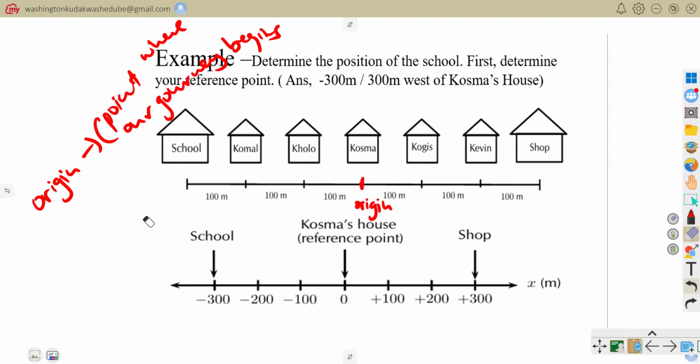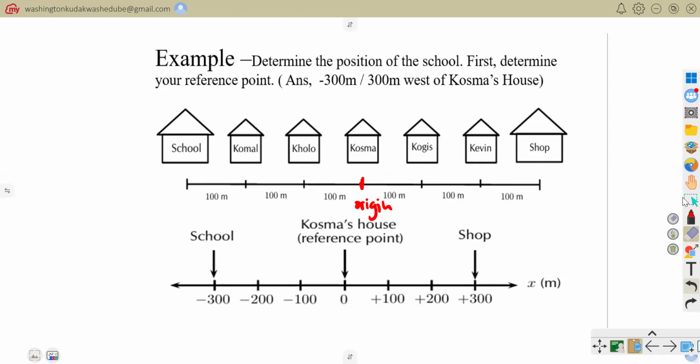So if we begin our journey from Cosmos house, we would be able to determine the position of the school in reference to Cosmos house. When we were doing vectors and scalar quantities, we agreed that when representing vector quantities, you need to first define the reference direction.